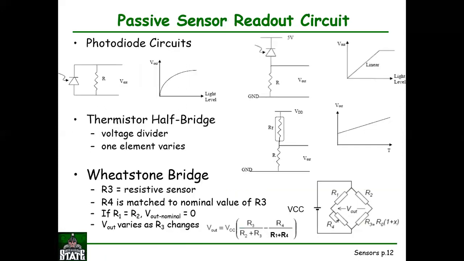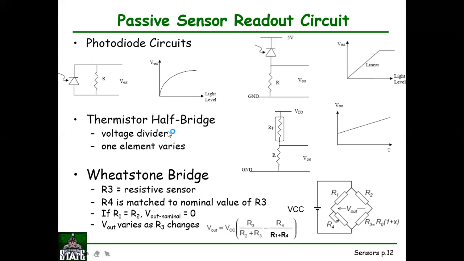Okay. Passive sensor readout circuit. For the passive sensor, resistor, inductor, and capacitor are your passive elements. So you can see in the photodiode, resistance is used, and when light falls on this diode, there will be a change in your voltage across this resistance.